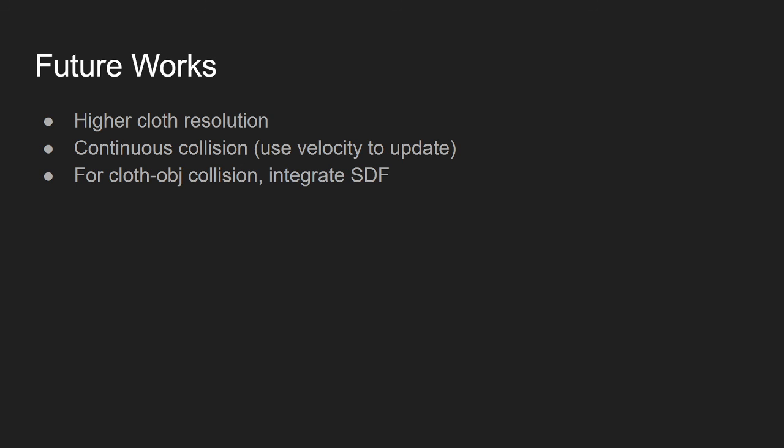Another thing is continuous collision detection. And for the cloth-object collision, I'm thinking about introducing the signed distance function, the signed distance field, because if we represent the object the cloth is going to collide with using an SDF, everything is going to be really fast.